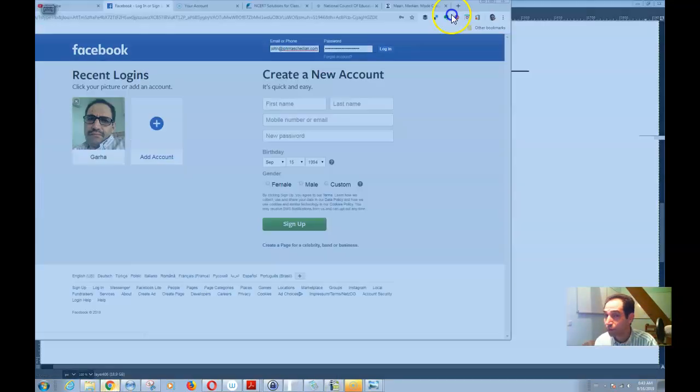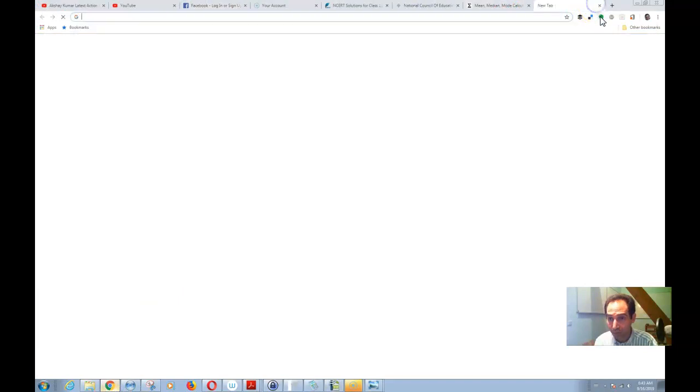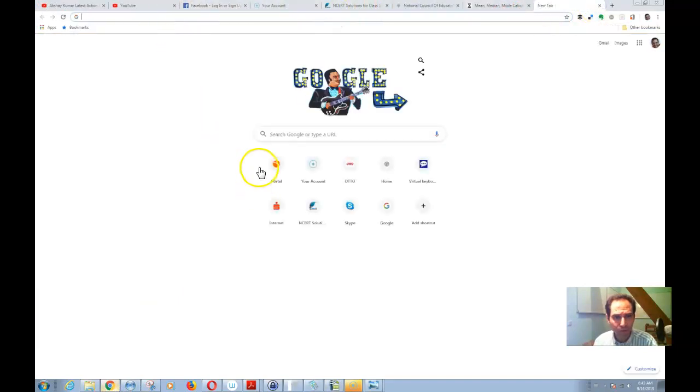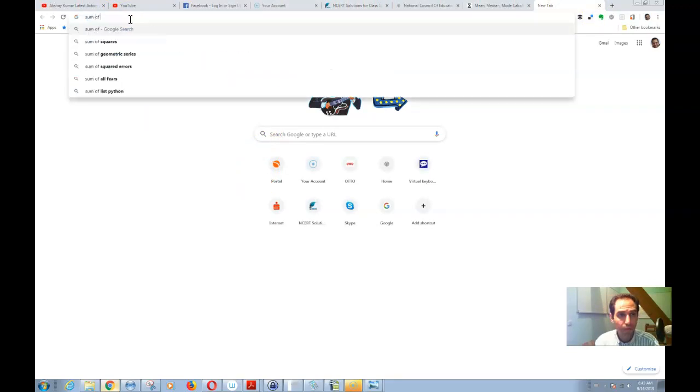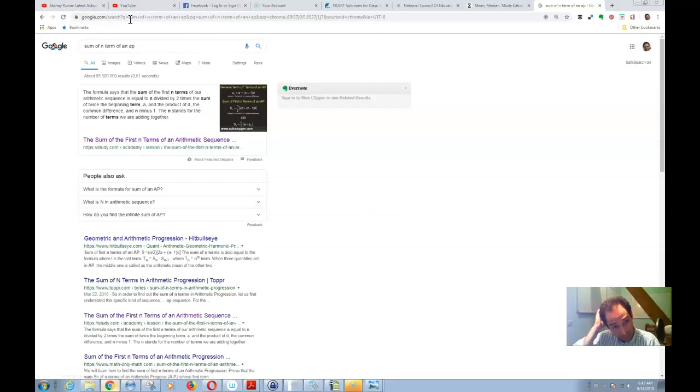Let me see if we can find it here. So if you search for the sum of first n terms of an AP, S of n, that's basically the formula.